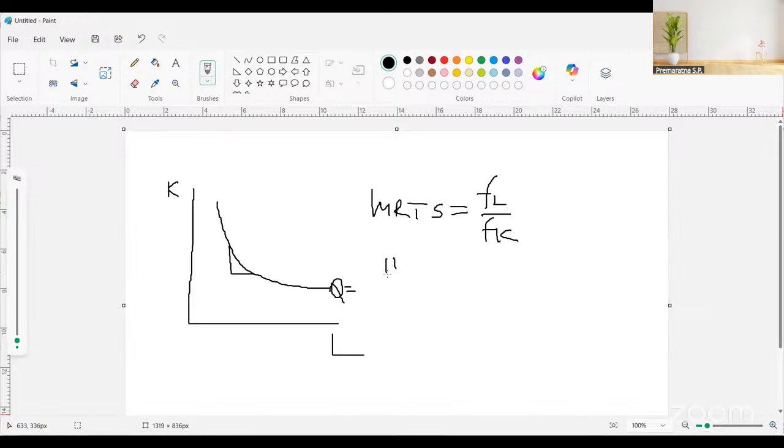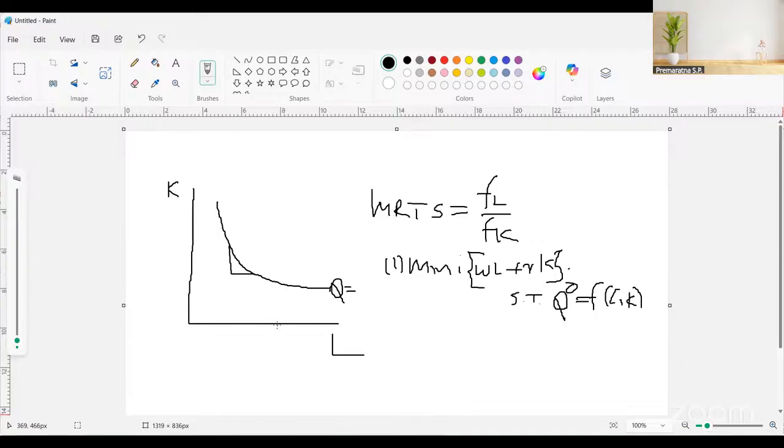One is either minimization, which means minimizing cost, subject to a constraint, a given amount of output.